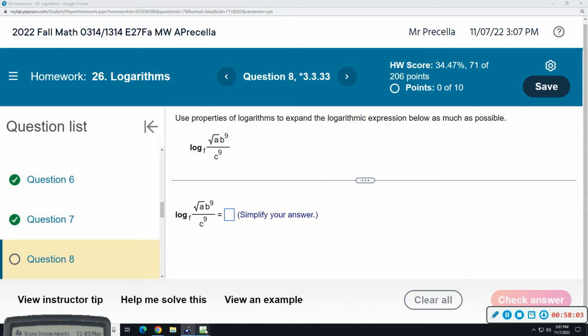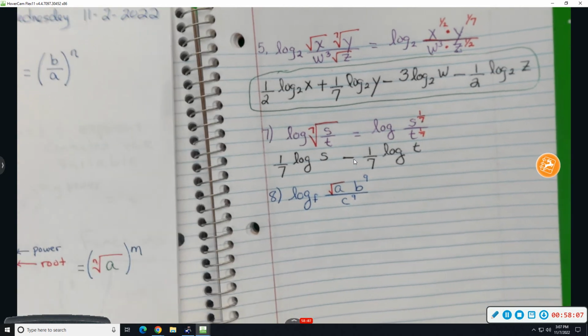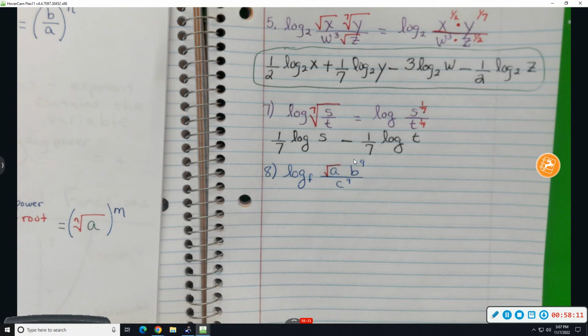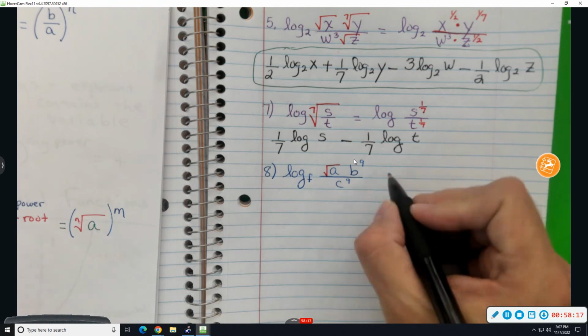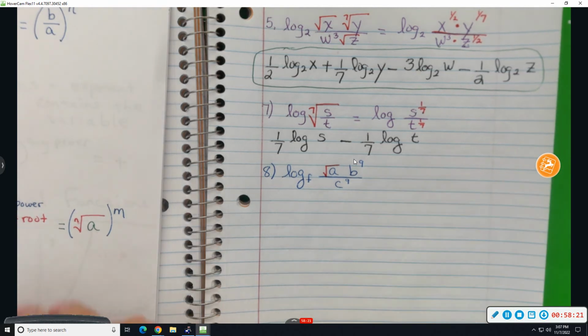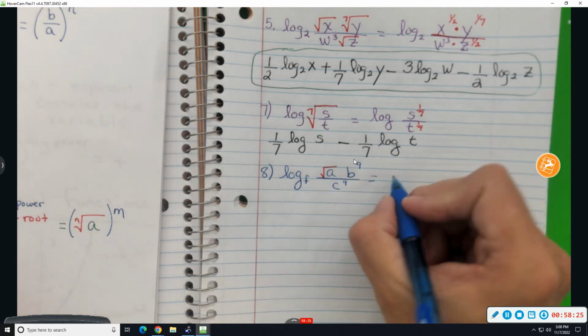Okay. Well, there's one thing we've got to do before we start expanding it. If you have a radical symbol in it, you've got to write it with a fractional exponent first. And here we only have one radical. It's a square root.